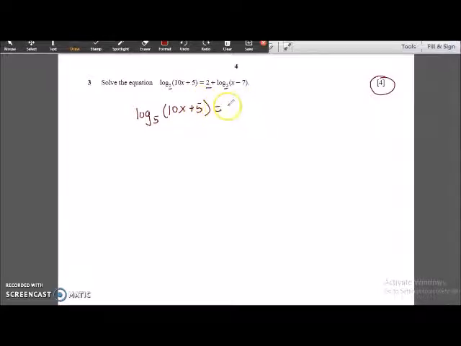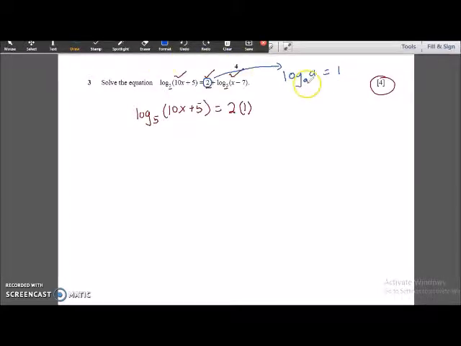Now here this is a 2 multiplied with 1. So if we want to simplify and solve this entire equation, every term here should have log 5. So how do we change this 2 into log 5? We have to use the formula that has log a base a which is equals to 1.